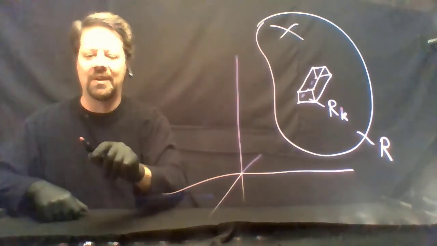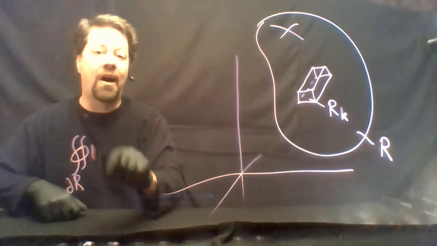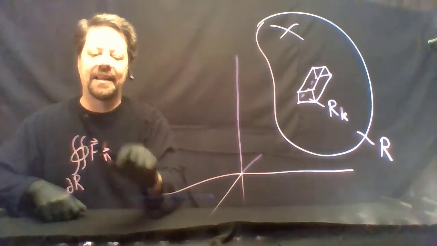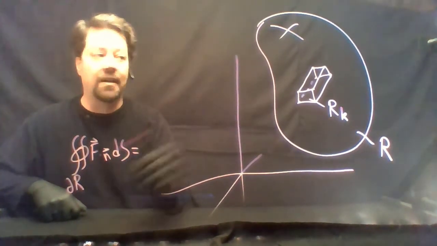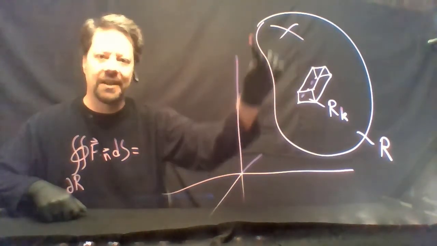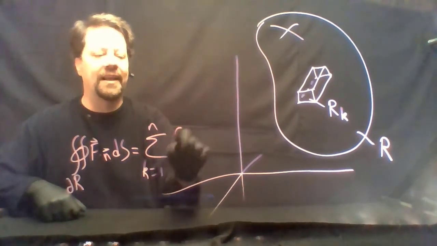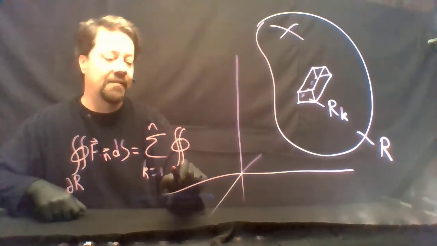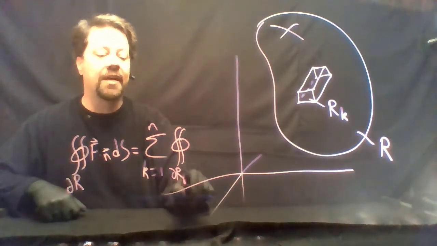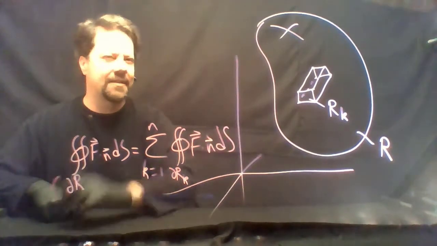And then we'll assert that integrating around the boundary of R, F dot n dS, that's the flux just on the boundary surface of this big jelly bean shaped object, will be equal to the sum, as k goes from 1 to n, of the surface integral on the boundary of the regions R sub k, F dot n dS.